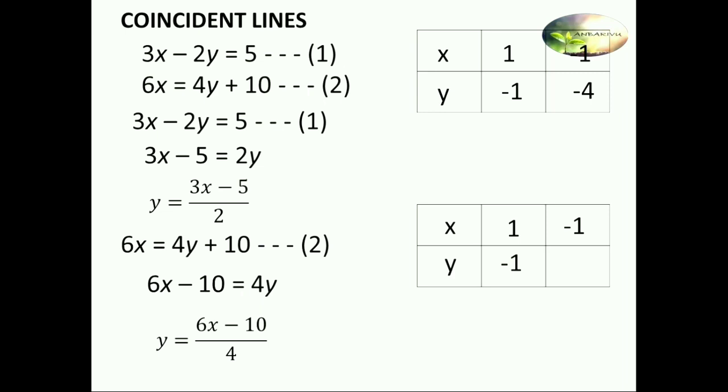Minus 6 minus 10 is minus 16. Minus 16 by 4 is minus 4. Here for both equations I am getting the ordered pairs (1, minus 1) and (minus 1, minus 4).